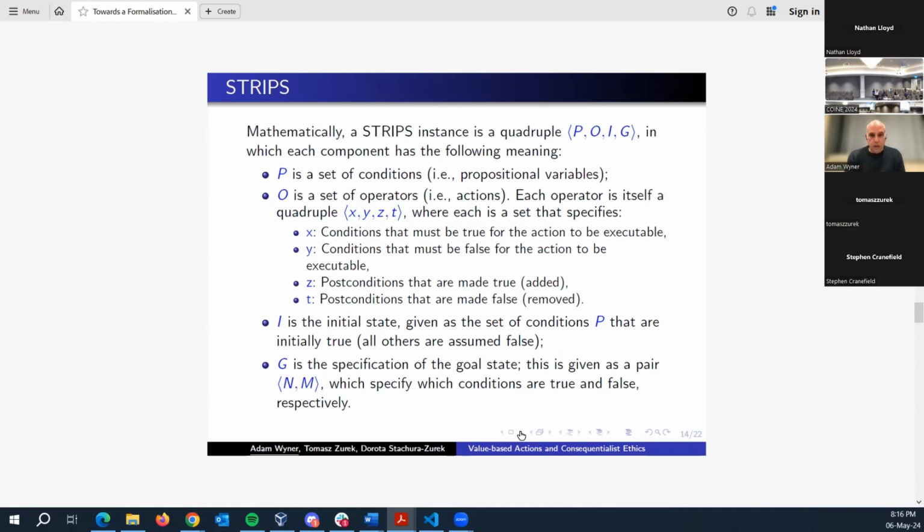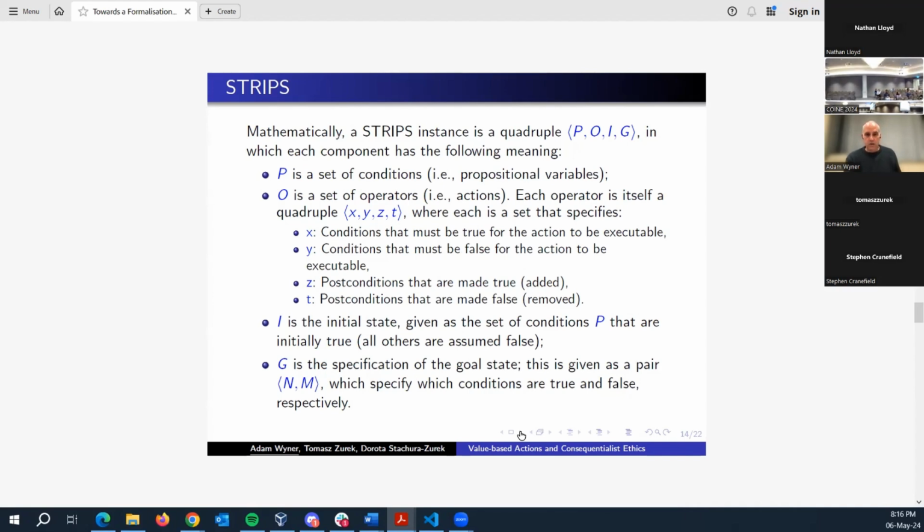So STRIPS is just a quadruple in which we have the following components. I'm assuming that some of this is familiar from looking at state transitions. We have a set of conditions, which are just propositional variables. We've introduced those already. We have a set of operators, which themselves are quadruples, where we have X as the conditions that must be true for the action to be executed.